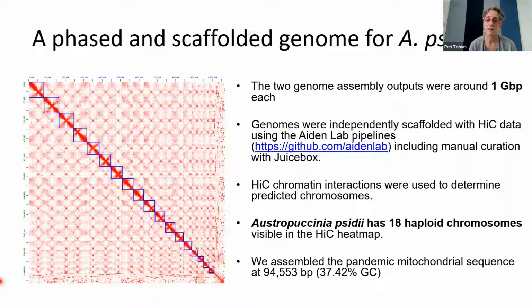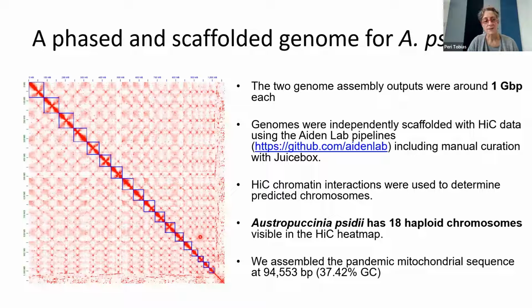and there's a manual curation step using a graphic user interface tool called Juicebox, which allows you to actually visualize where these chromatin interactions are happening and see where misassemblies have taken place, and then just correct them manually.